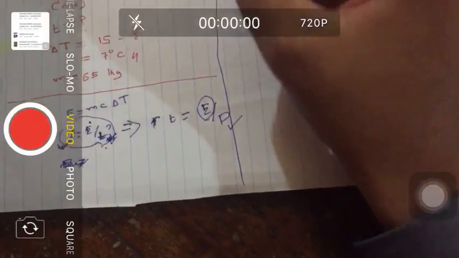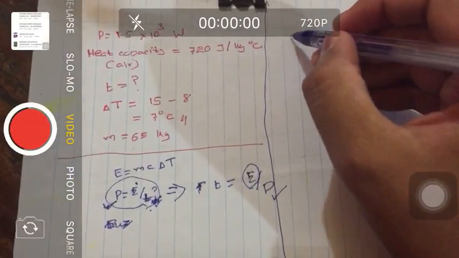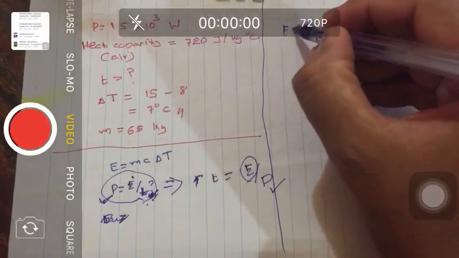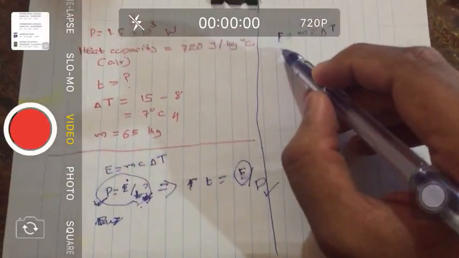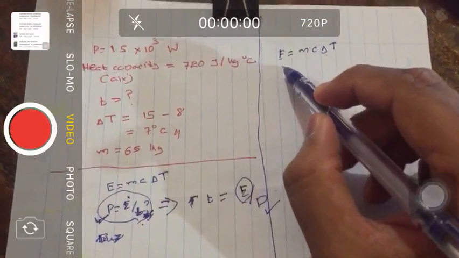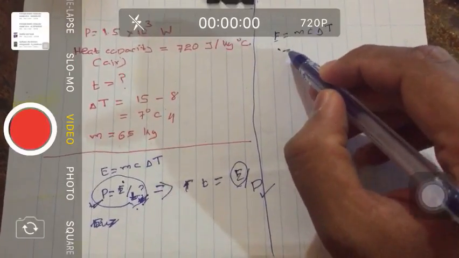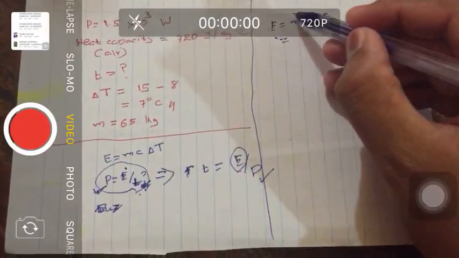Now I try to see whether I can use the only remaining equation to calculate the energy. It must be possible, otherwise you can't do the question. Mass, yes, given.